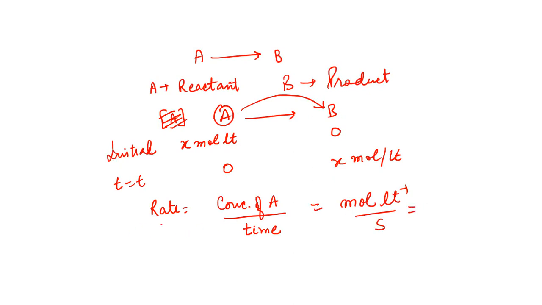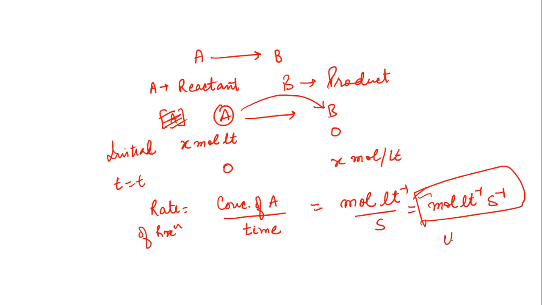So the unit of rate of reaction will be mole liter inverse second inverse. Clear? This is the unit of rate of reaction. Is that point clear? Any doubt in this?